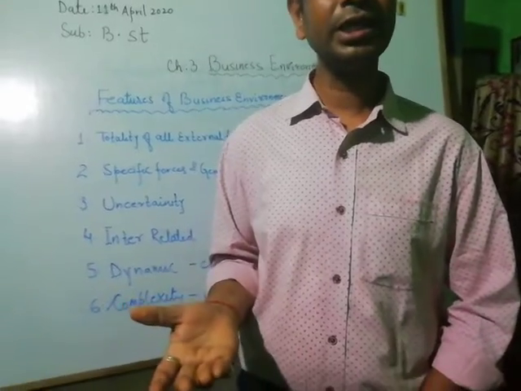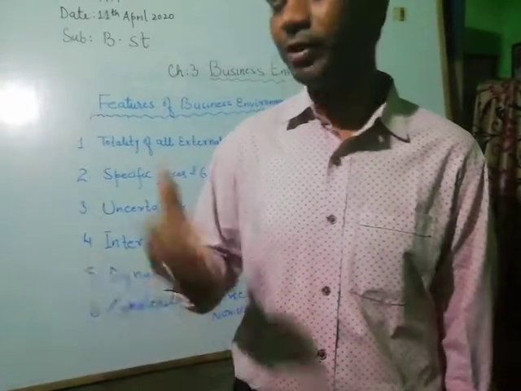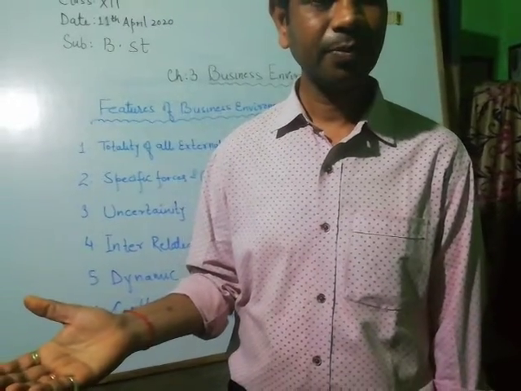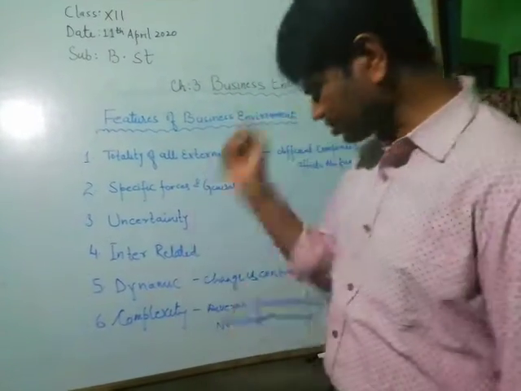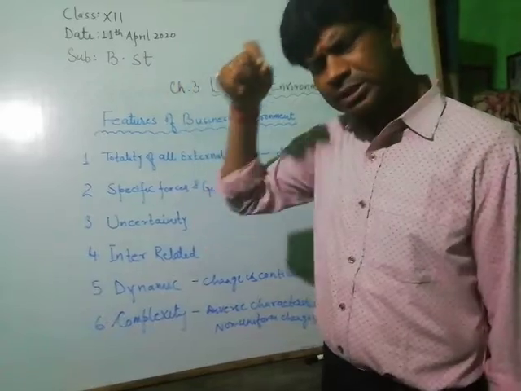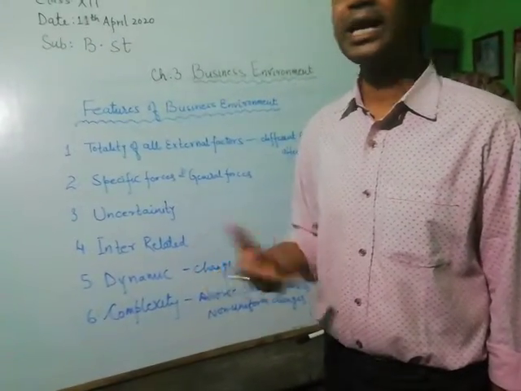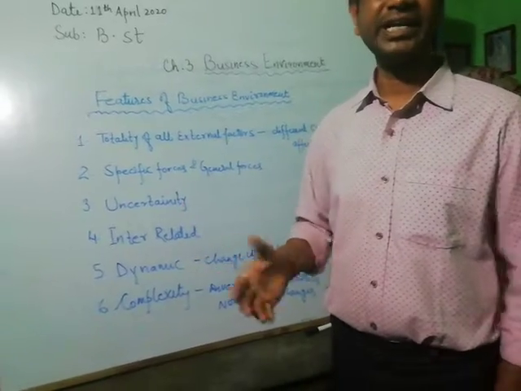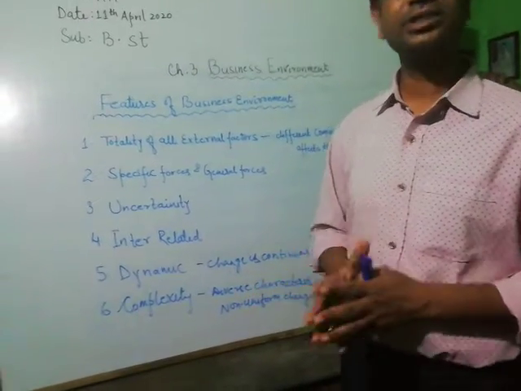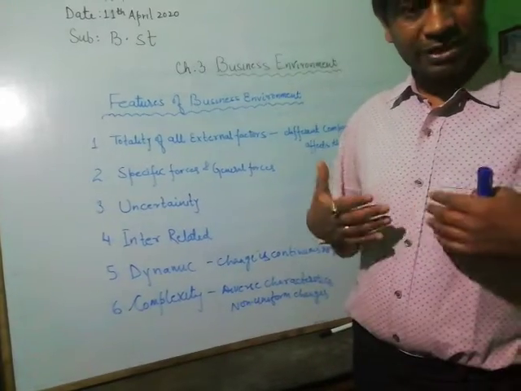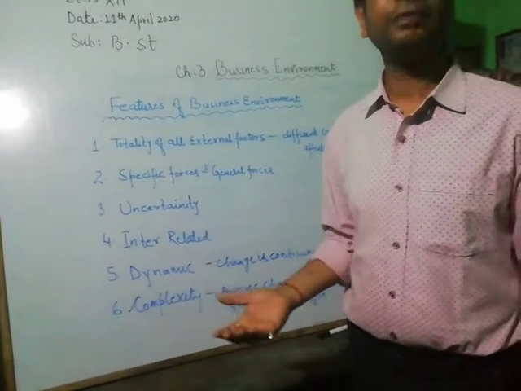But very recently, hopefully, we would be moving on to the fifth generation, that is 5G technology. So the business environment is continuously changing. It is dynamic. It never stops. It is not constant. Nowadays we are facing 4G, and we may come up with 5G.